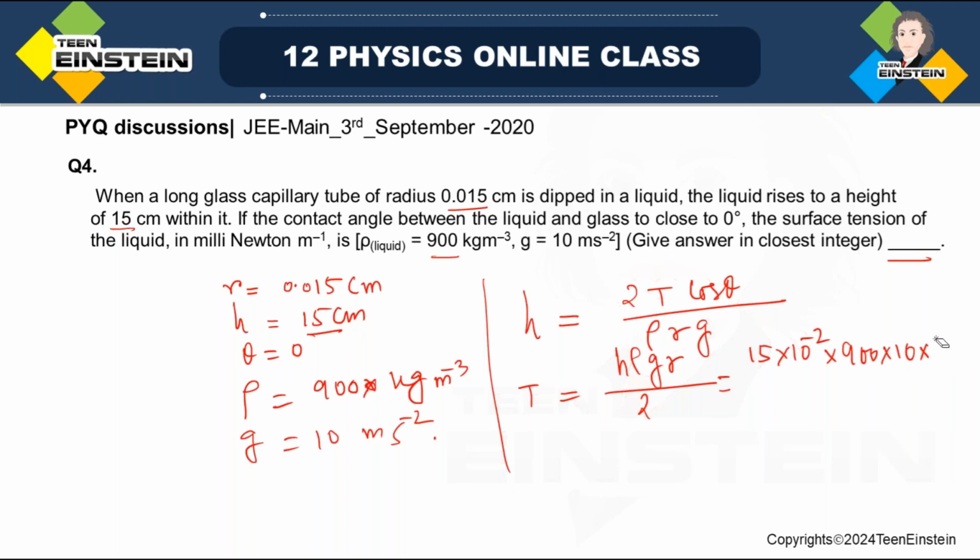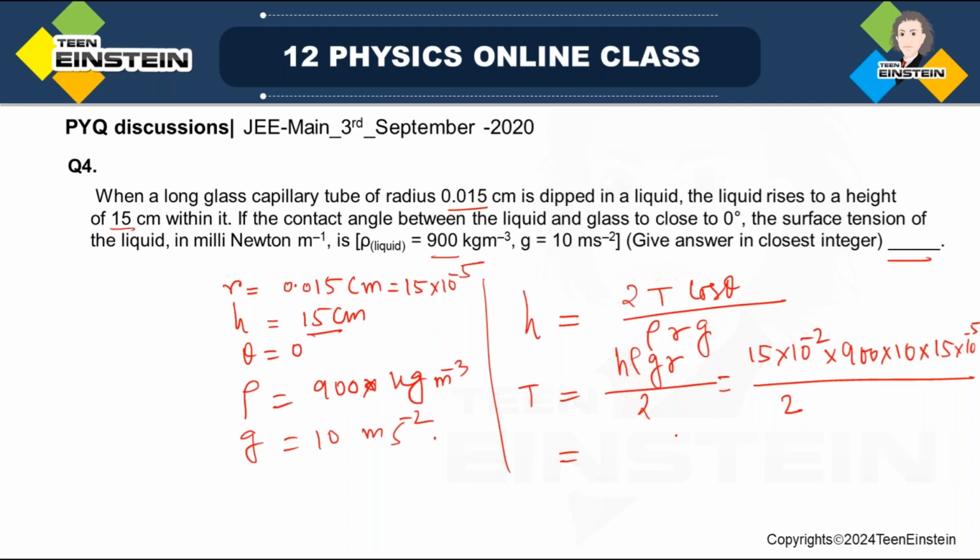This is already 15 into 10 to the power minus 3, and I have to make it again minus 2, so it will be 10 to the power minus 5. So 15 into 10 to the power minus 5.